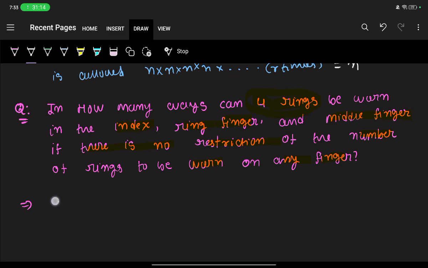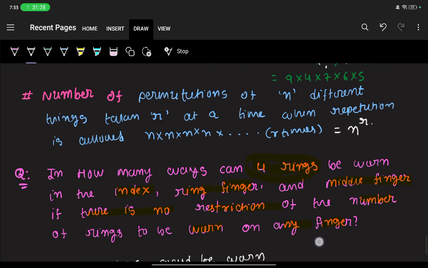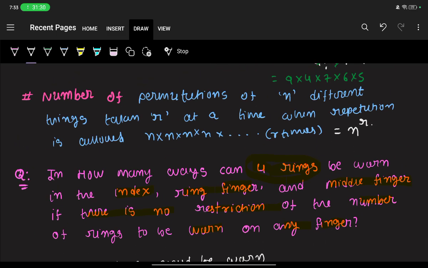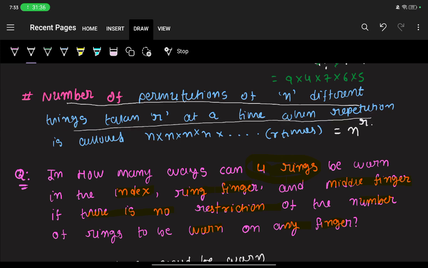So 4 rings could be worn, right? In how many ways? So we just wrote it down, right? For repetition, see here, number of permutations of n different things taken r at a time when the repetition is allowed. So you can write n multiplied by n multiplied by n, how many times? r times.